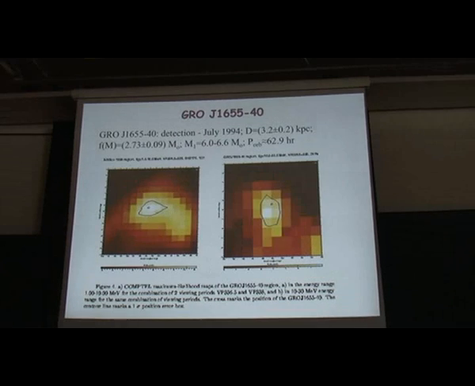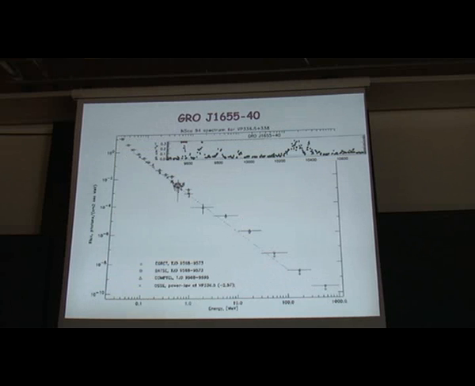And now I'm coming to the GRO 1655. It was observed already for the discovery flare period, and it was detected again. I do want to underline this point. This is also pretty heavy black hole, but it's completely different in appearance, this hard X-rays and MeV region from the GRS 1915.